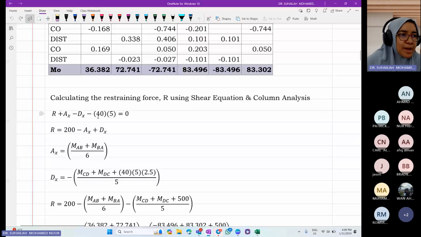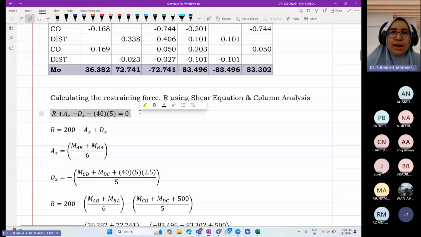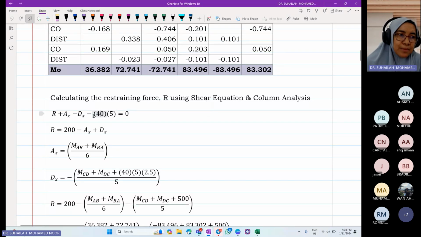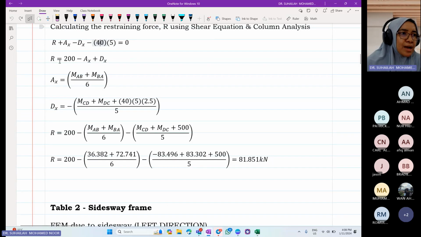From this we get R here. That is why this equation cannot be one that applies to all cases. It will depend on the loading given in the question. In this case there is a UDL, so we must include this UDL. So we get R for this particular frame. This is the R.